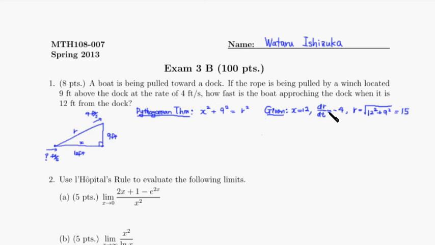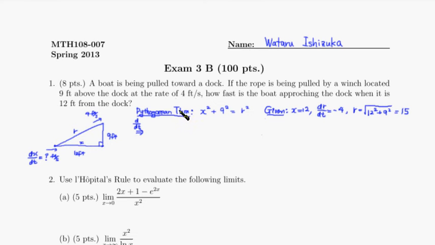All right, then since we're looking for this, which is the rate of change of x with respect to t, we just have to take the derivative of this equation with respect to time, right? So let's go ahead and take the derivative of the Pythagorean equation here.